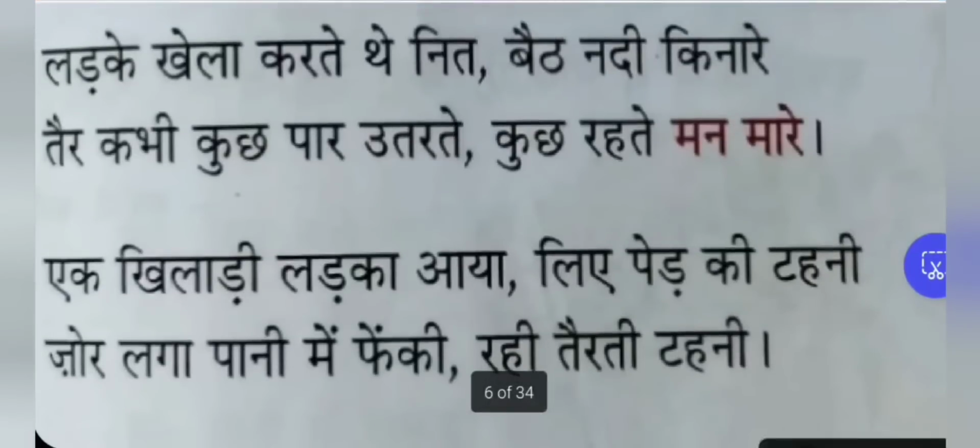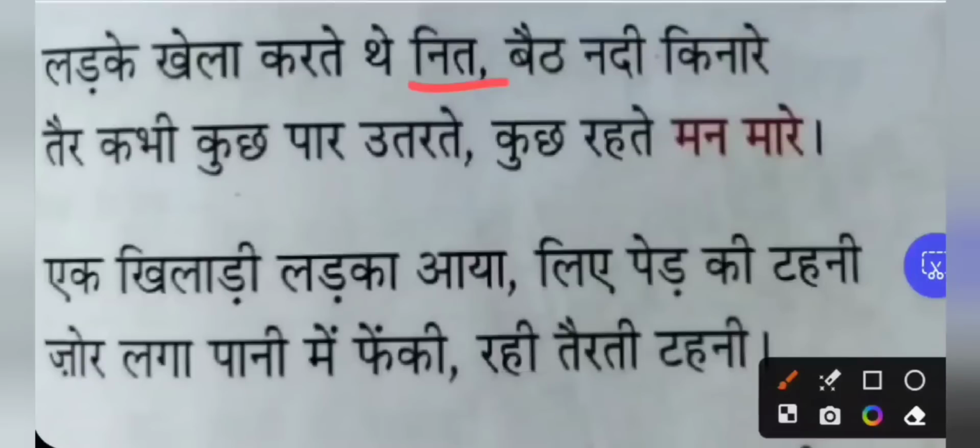They used to play on the river bank, and a few used to sit. तैर means they used to swim, and they would cross the river. कुछ रहते मन मारे means they too would like to cross the river, but they wouldn't know swimming or they were scared of water. So they would sit back and not do anything, and they would watch others going and coming, right?